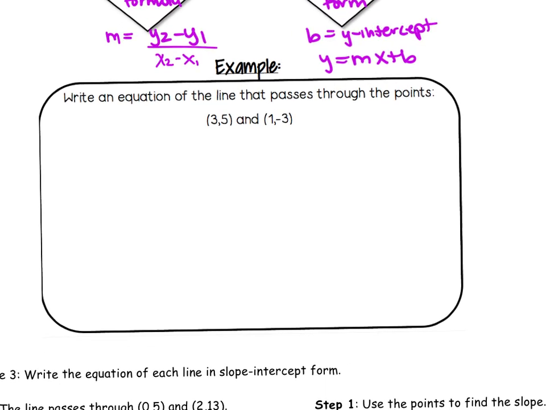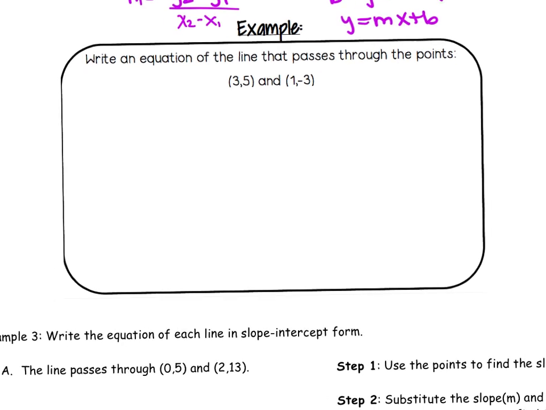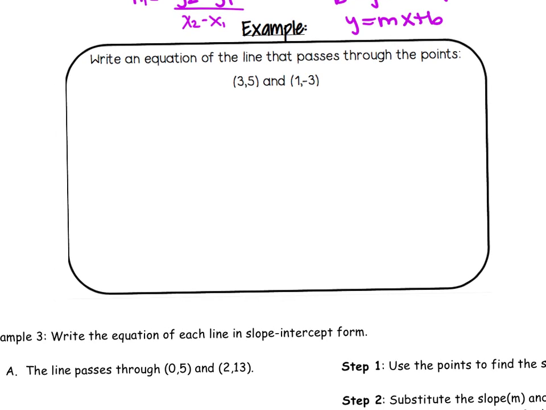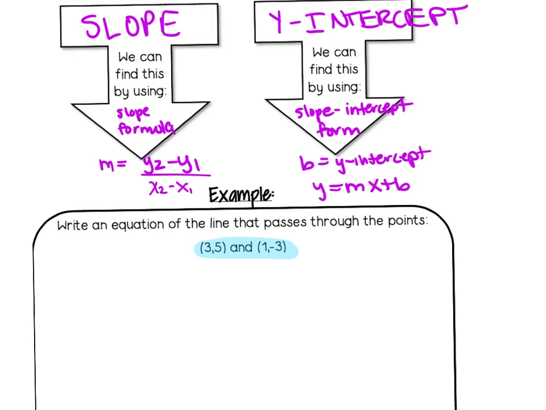Okay, so let's look at an example. We're going to write the equation of the line that passes through these 2 points. So here are my 2 points. We're going to use the information we just wrote up top. First thing we know is to look for the slope, and here's our formula for slope. So I'm going to label my points: x1, y1, x2, y2.